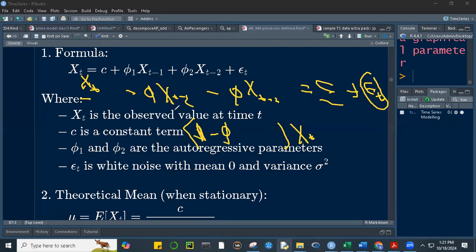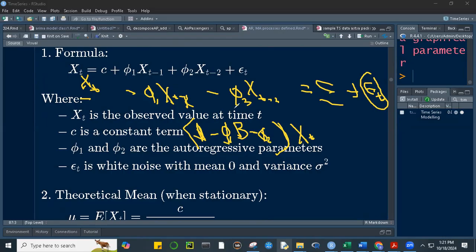Okay, x sub t minus 1, class, can be written as B times x sub t. B times x sub t is x sub t minus 1. And then this is minus phi1, and then minus phi2.